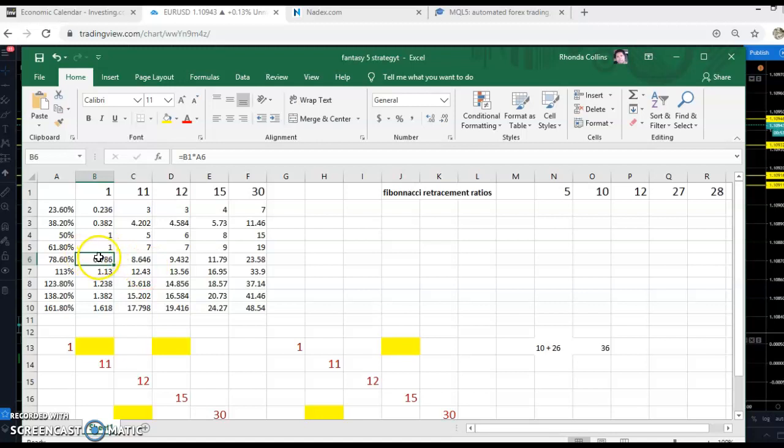So this is going to be 1 definitely. And this would be 9. This would be 9. And this would be 12. This would be 24. This is going to be a 1.